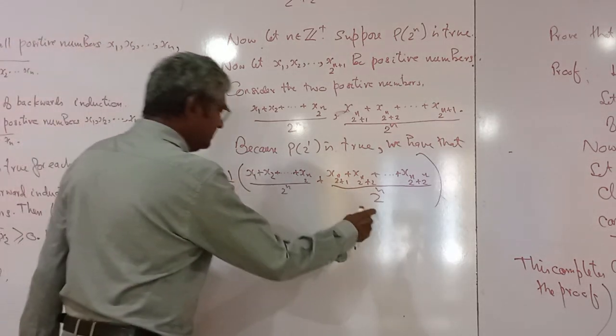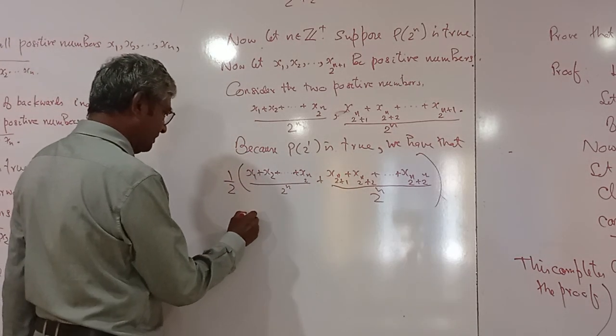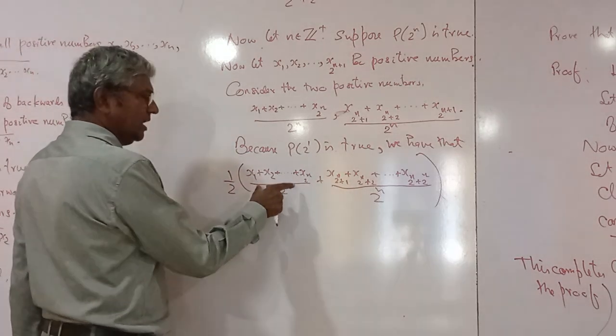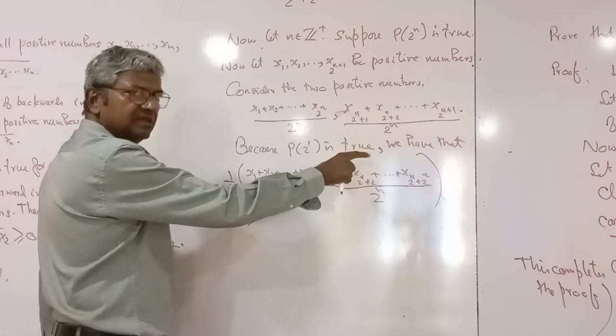So this number plus this number divided by 2 is greater than or equal to the square root of this guy times that guy.